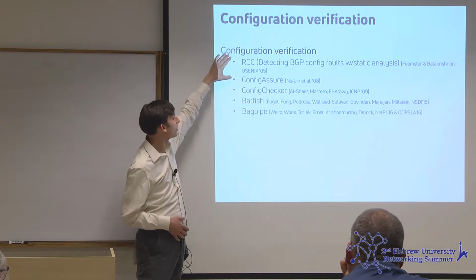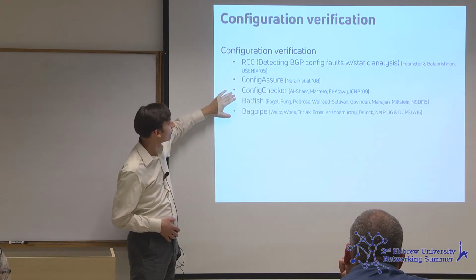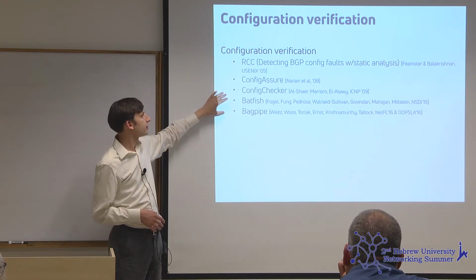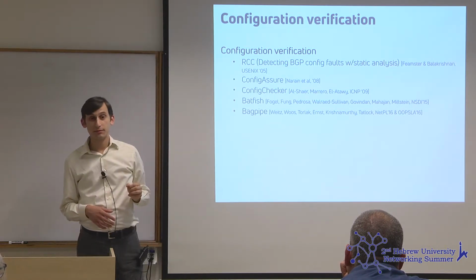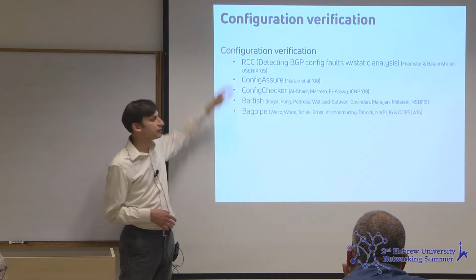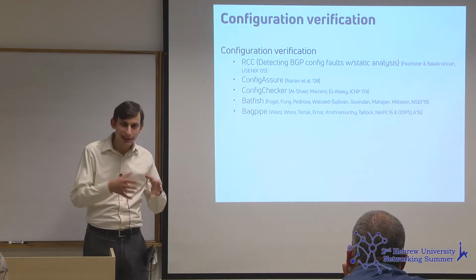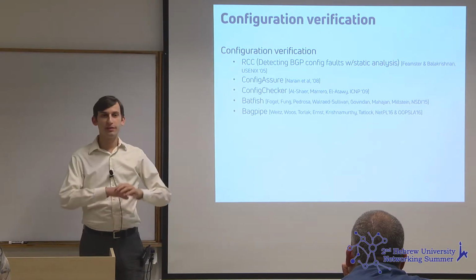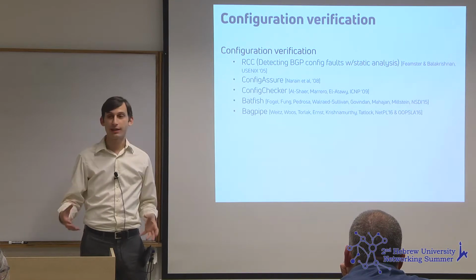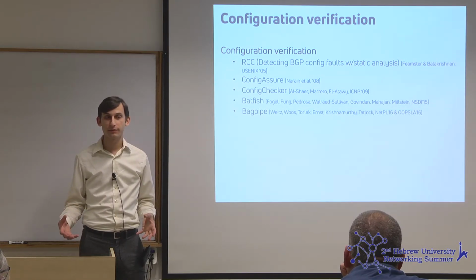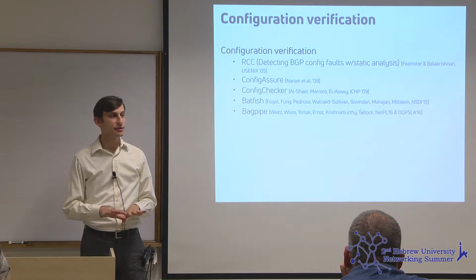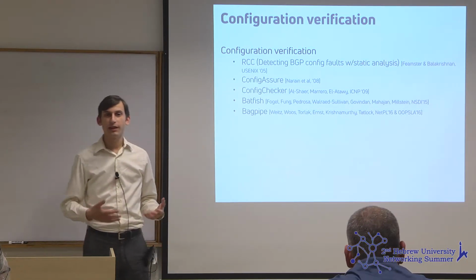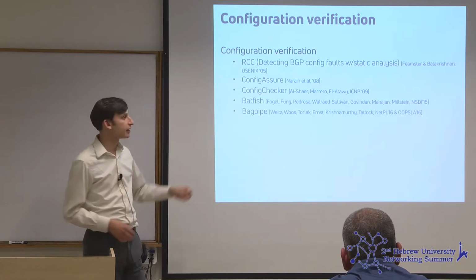The difference between this work and what came later was making it effectively what I would call general purpose, right? So RCC deals with specific properties in BGP, whereas Batfish, as we saw, builds a full network model of everything that can happen in the data plane, right? And then that's general. It shows you what happens in terms of actual data flow, and you can do interesting things with that.